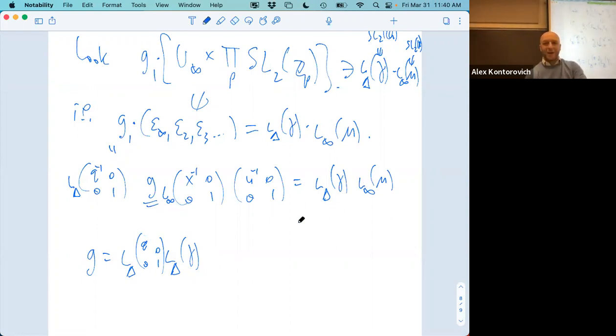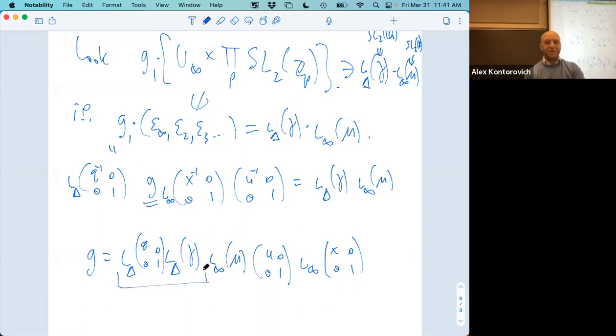I have my infinite embedding of M, and now I need to multiply on the right by U 0, 0, 1. Then I need to multiply on the right by the infinite embedding of X inverse 0, 0, 1. Of course, it doesn't matter what order I multiply these because they commute past each other. This has a 1 at the infinite place, whatever elsewhere. This has an X, not X inverse, at the infinite place, 1's everywhere else. So these two commute also.